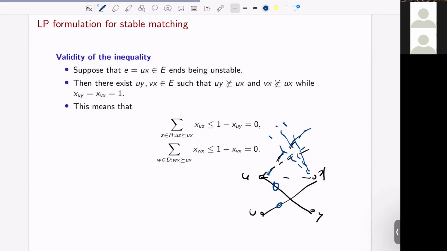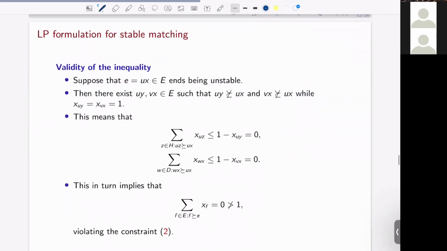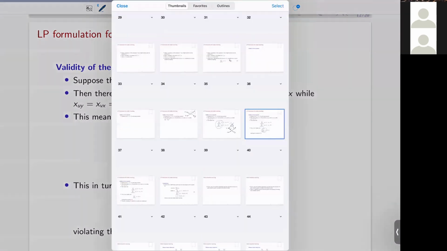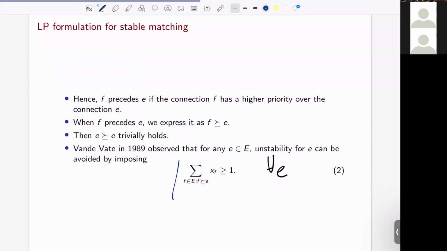But we know that the summation of this is at least 1, yet the summation of these values is 0. So if you have an unstable pair, it will violate this condition. In other words, if you impose this inequality in your linear program, then an unstable pair will be avoided. That's what it means.